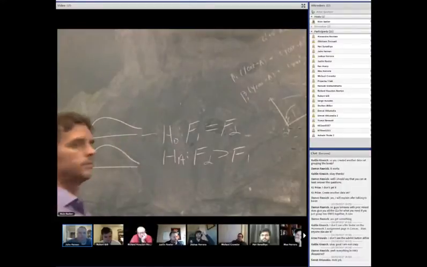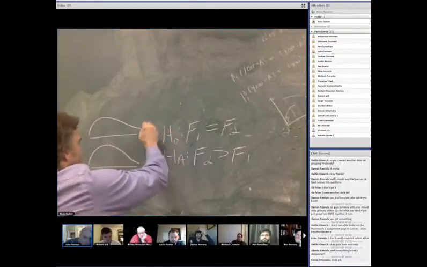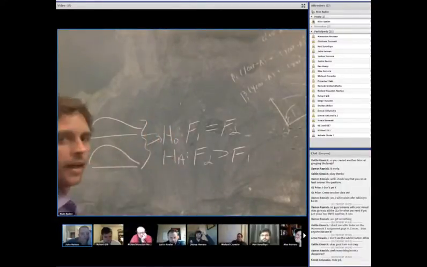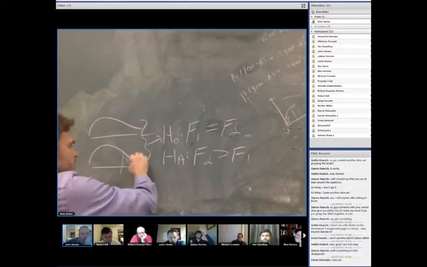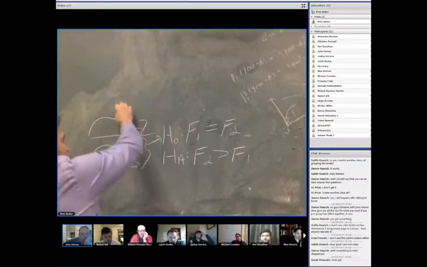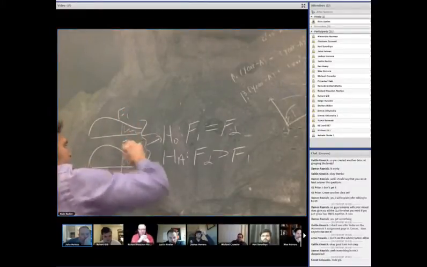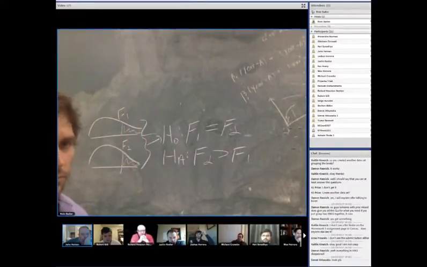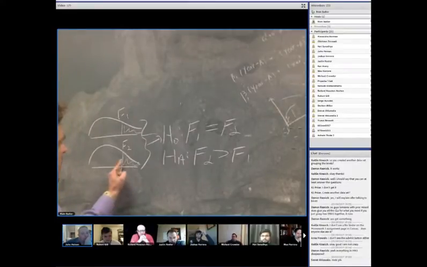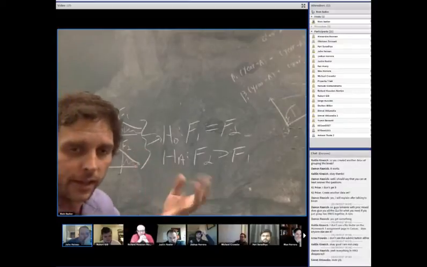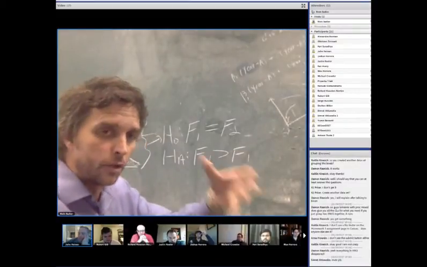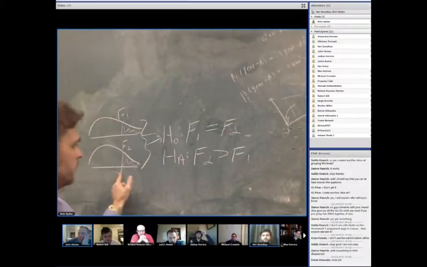That would be like H0, where for any value, the probability of being greater than that value is the same, no matter if I'm in F1 or F2. What's the probability of being above this? Well, it's that probability, which is the same. That's what a distribution is: it distributes probability values to different values on the x-axis.